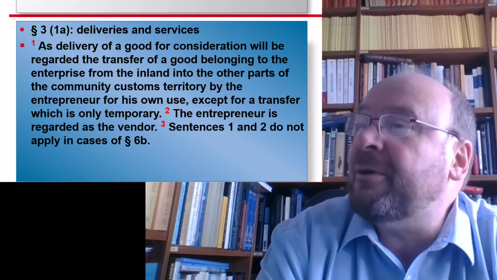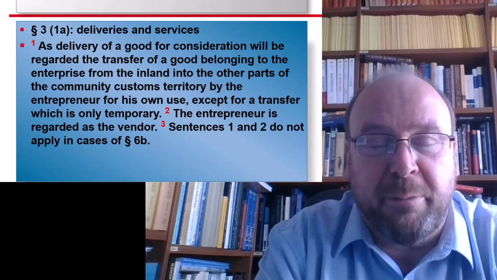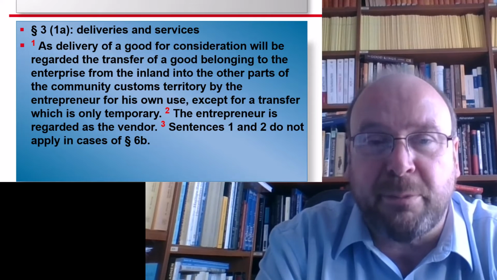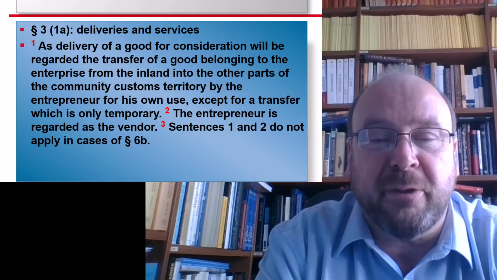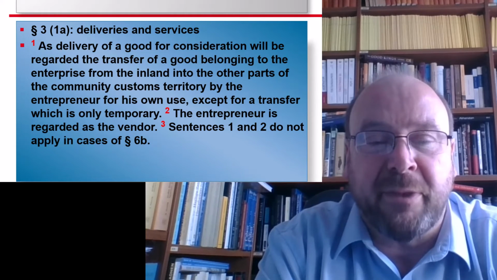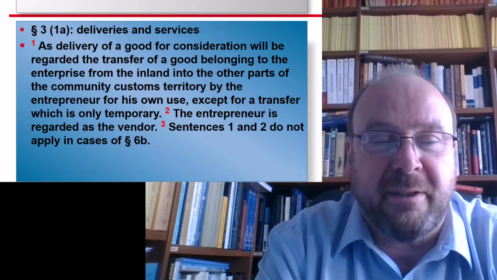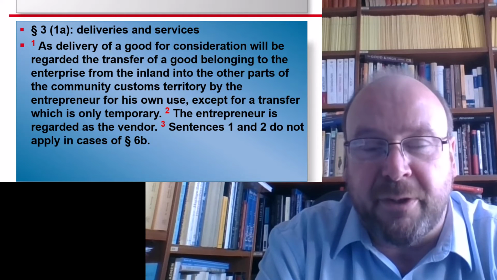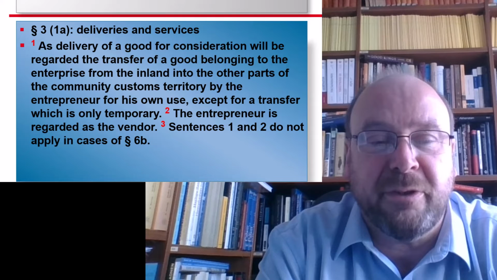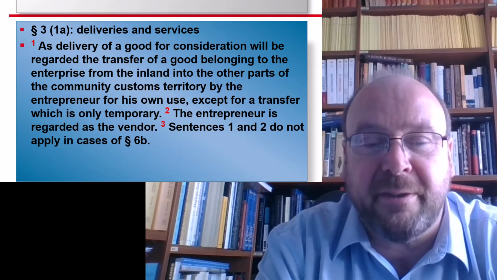So that is to be found in paragraph 3.1a, as delivery of a good for consideration will be regarded. So it is not, but will be regarded as if it were the transfer of a good which belongs to an enterprise from the inland into another part of the European Union VAT territory or customs territory by the entrepreneur, not to sell it, but for his further own use, except for a transfer which is only of a very temporary nature.